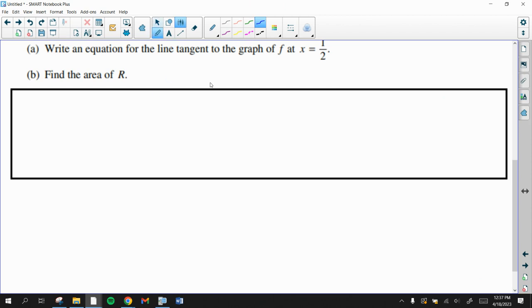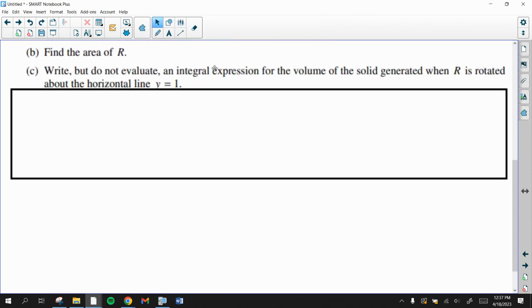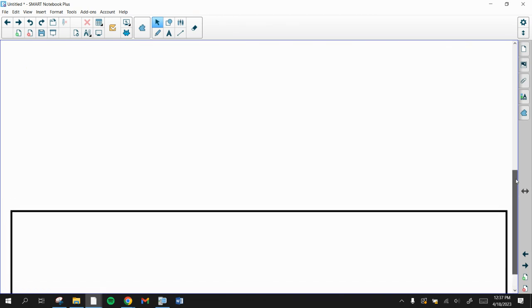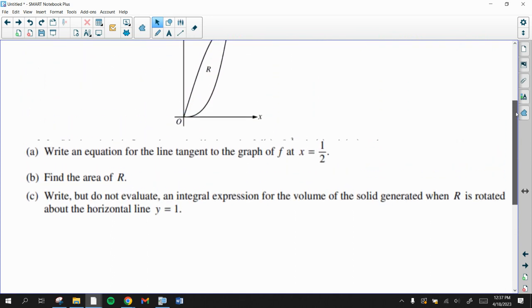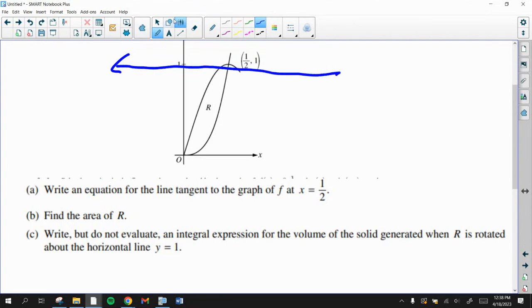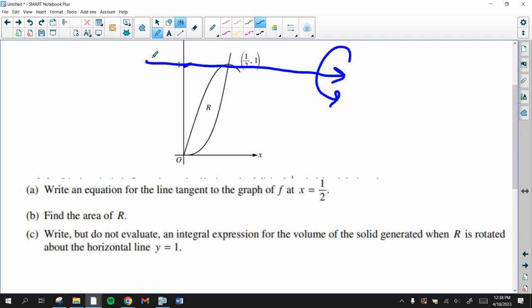And finally, C. Whoa. Write but do not evaluate. I like that. An integral expression for the volume when you revolve this region around y equals 1. So y equals 1 is right here. It's an AP exam, so I know I'm going to be able to use the washer method.